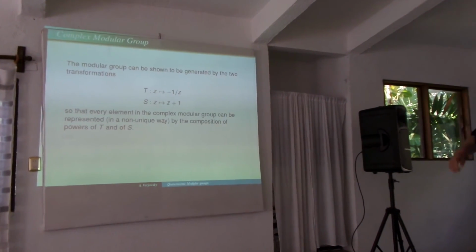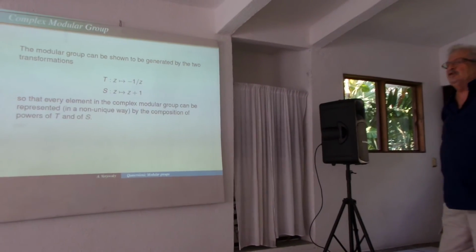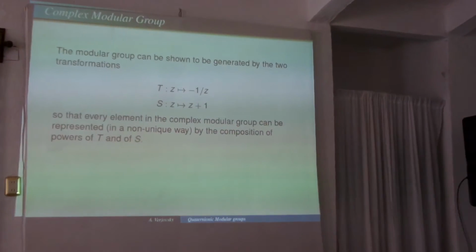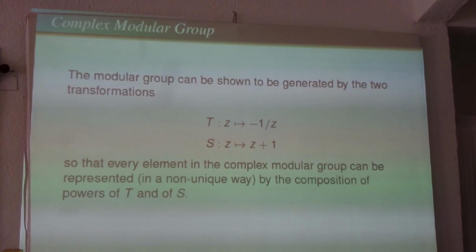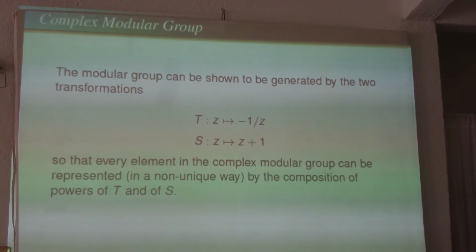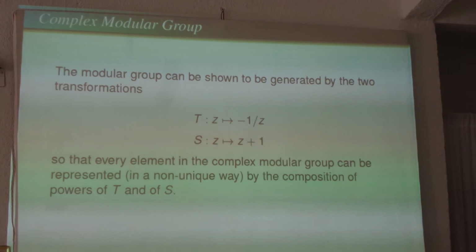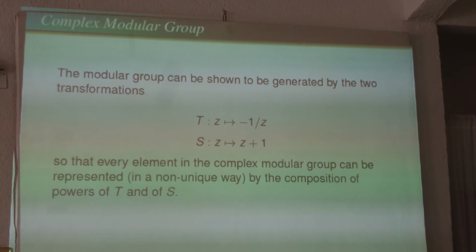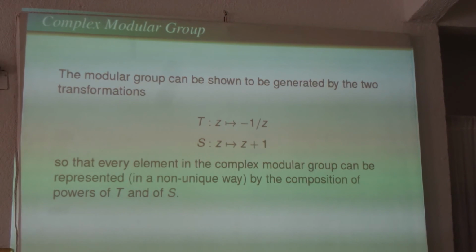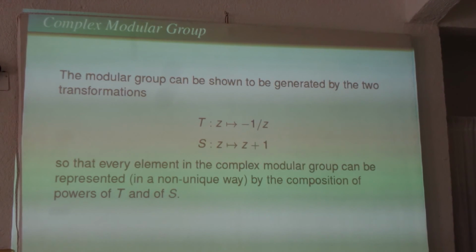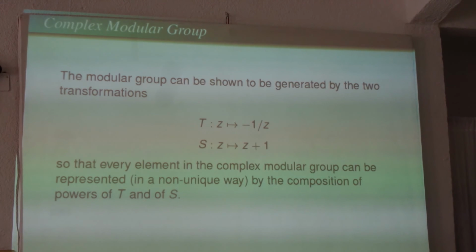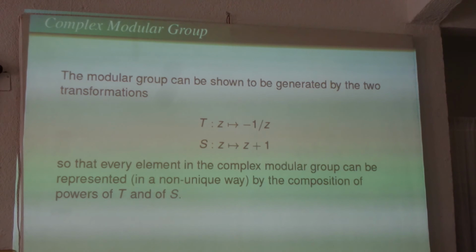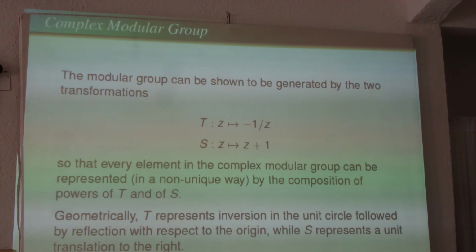The modular group has 2 generators: one is the transformation T, and the other is a translation S. The group generated by those is the modular group.